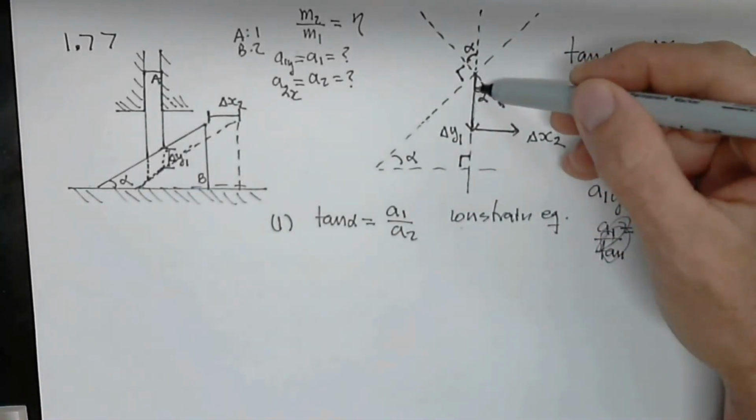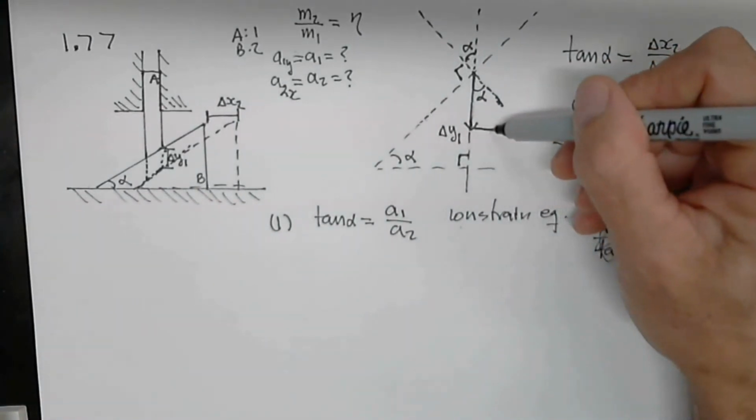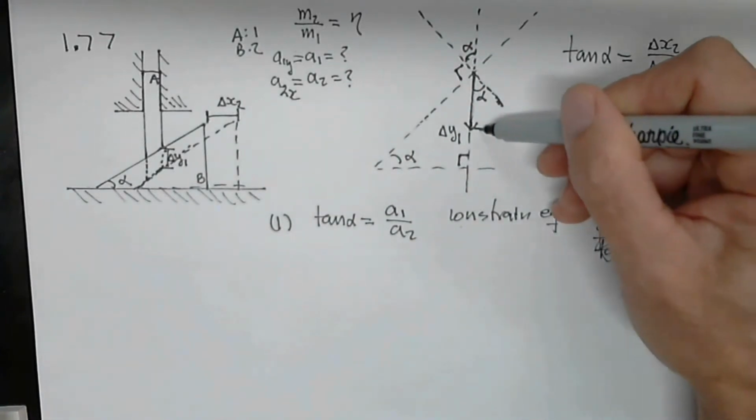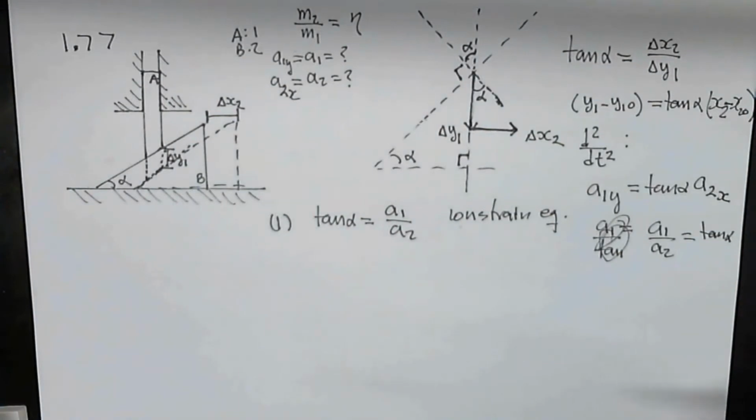Again, the displacement is straight down for the rod, and the displacement of the wedge is straight to the right, as you can see from the figure.